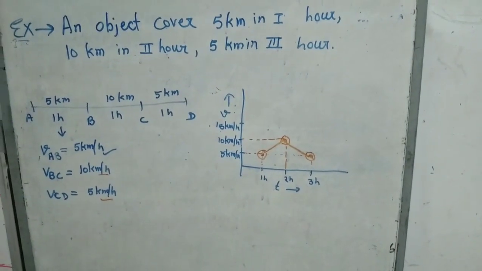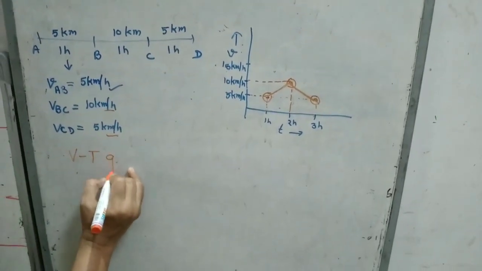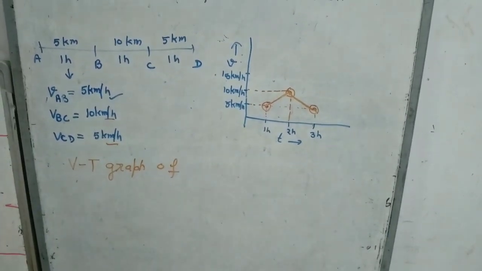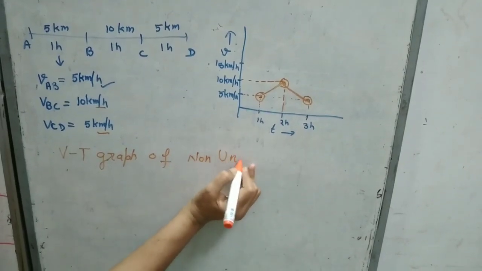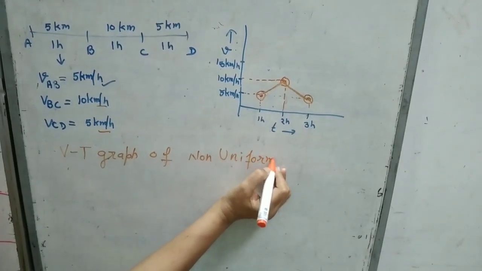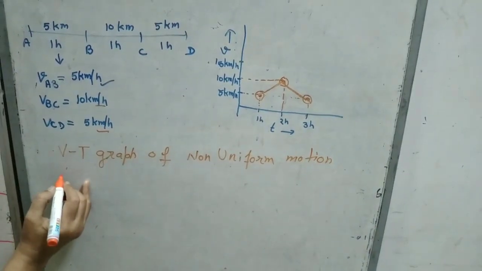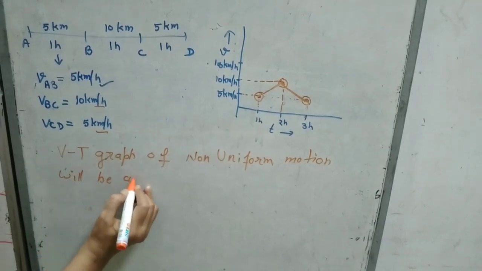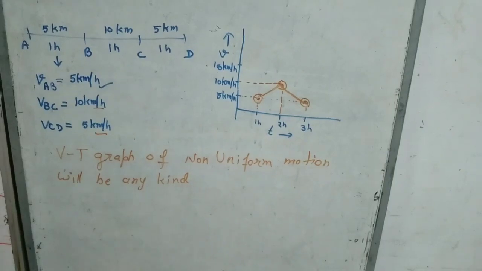We can conclude VT graph of non-uniform motion will be any kind of zigzag, we can say, or break line.